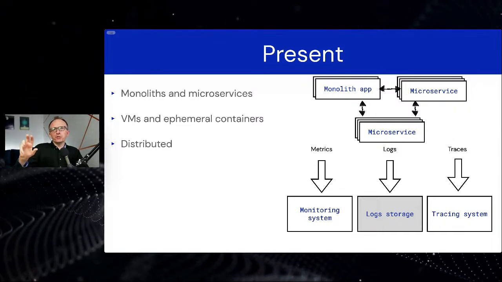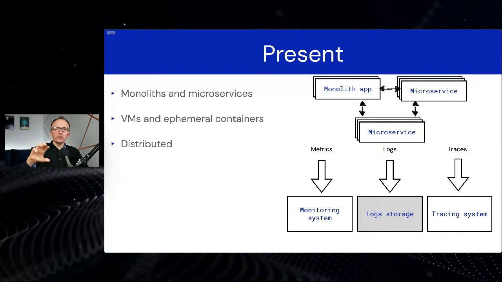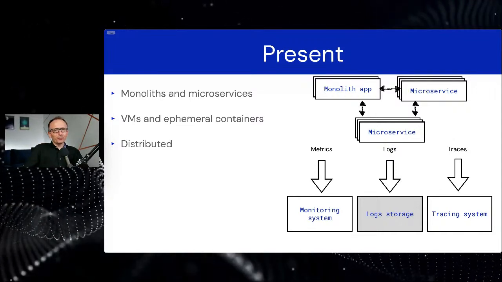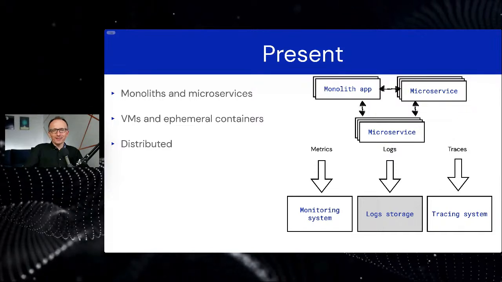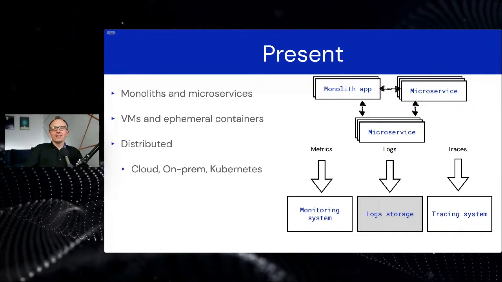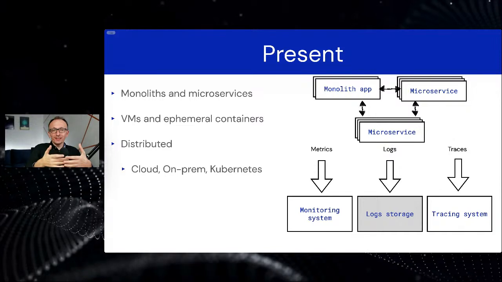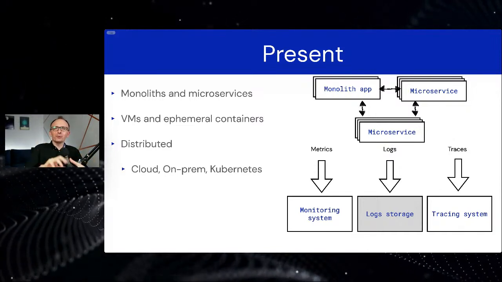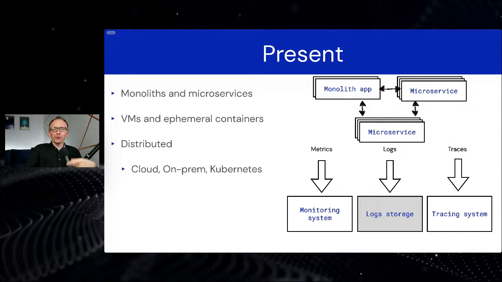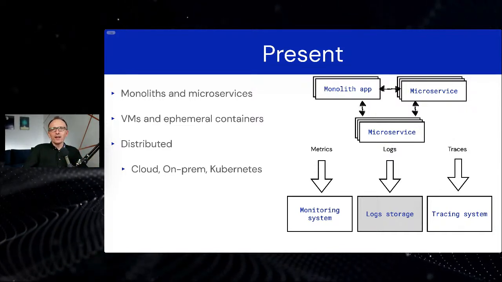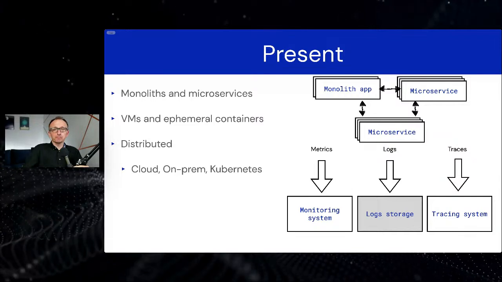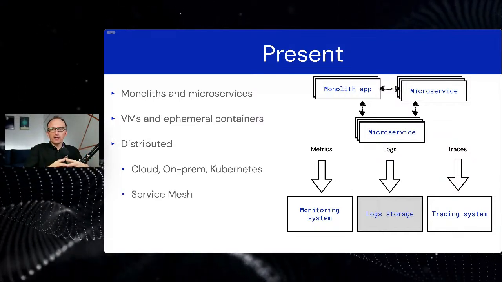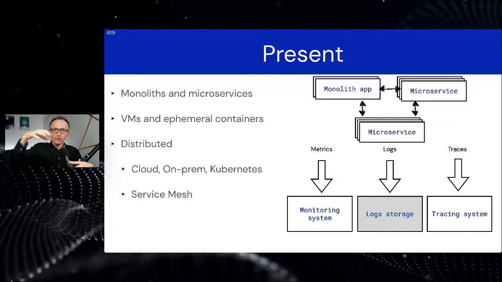So connectivity between those microservices and monolith applications is becoming really, really complex, especially if you're using not only cloud, but also your on-prem environment, Kubernetes or OpenShift or any other container orchestrator. And additionally, some organizations decided to implement service meshes on top of that.